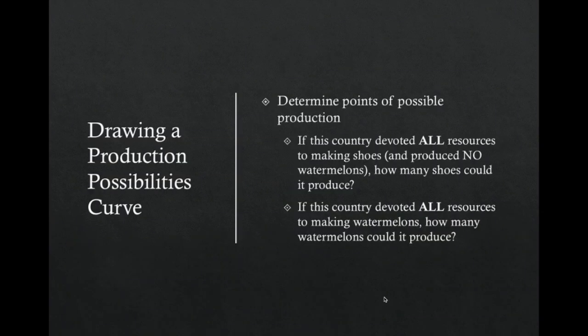Okay, so now we need to determine the points where using all resources to make either shoes or watermelons is efficient. So this one's saying where you're using all resources to make shoes, no watermelons. Remember, this is 0.